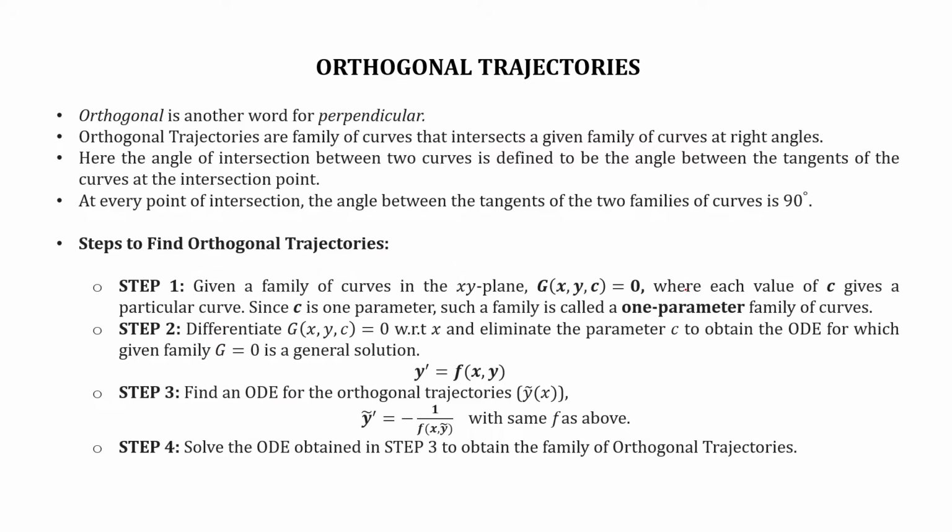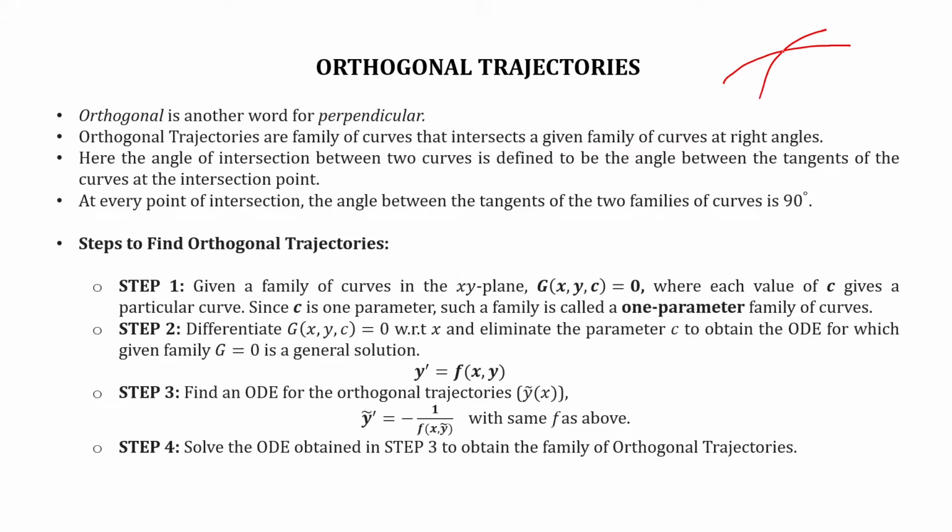Now, what do we mean by intersection of two families of curves? Suppose this is one curve and this is another curve. The angle of intersection between the two curves means the angle between the tangents of the two curves at the point of intersection.